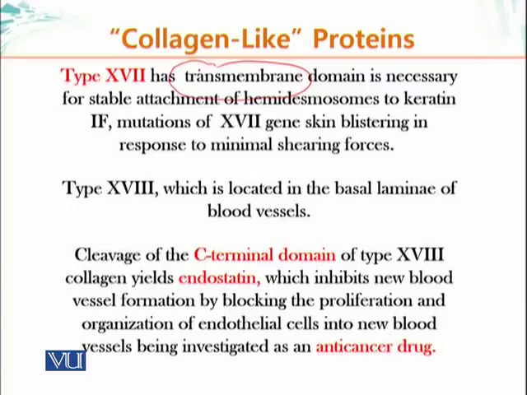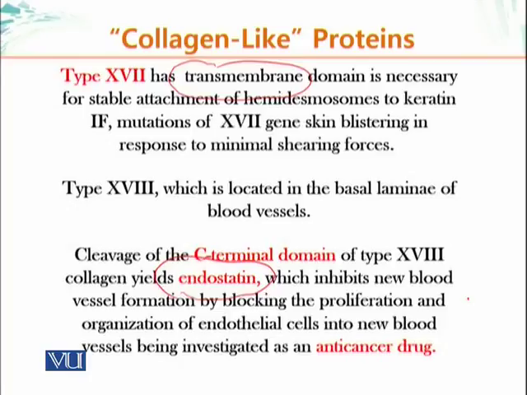Type 18 collagen is located in the basal lamina of blood vessels, where it plays a very important role because it has a specific domain at its C-terminal end. The cleavage of the C-terminal domain of type 18 collagen yields a molecule called endostatin. This molecule inhibits the formation of new blood vessels by blocking the proliferation of endothelial cells.